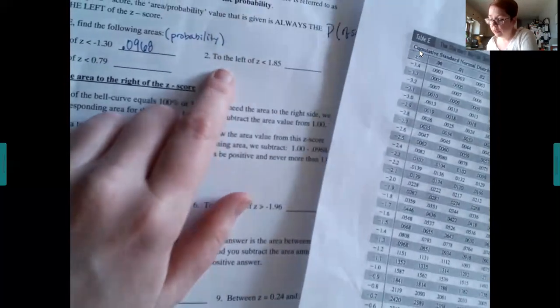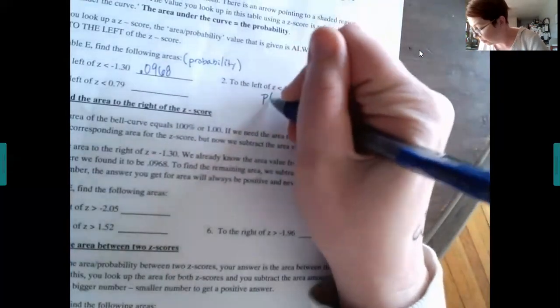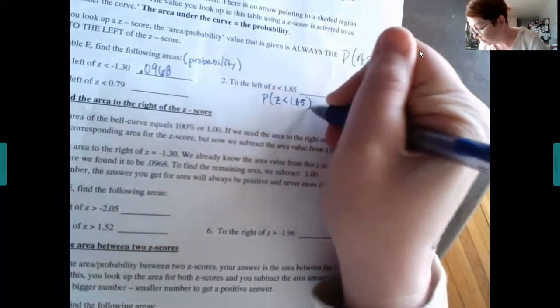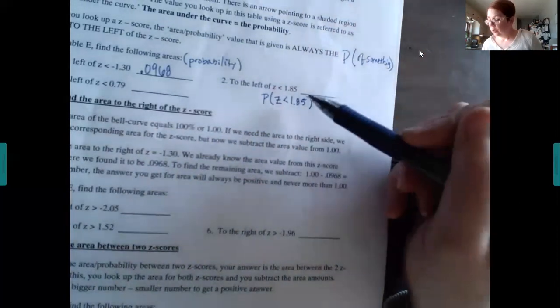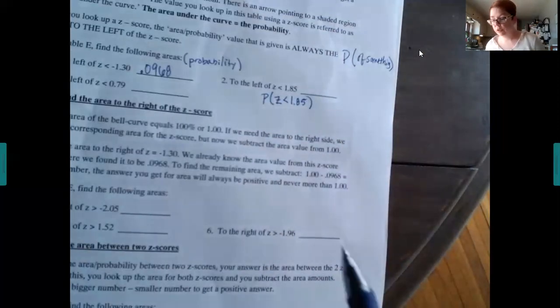And then we look at number 2. It says to the left of z less than 1.85. You might see it written like this. So we go to the positive side now. Always make sure you're on the positive side if it's positive, or negative if it's negative.